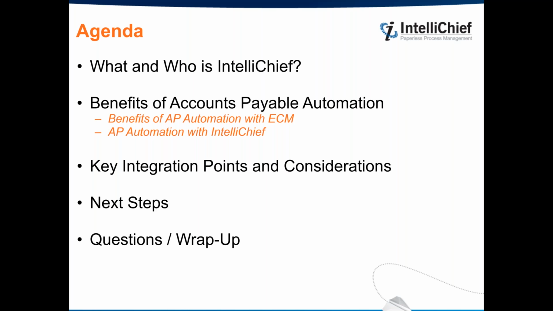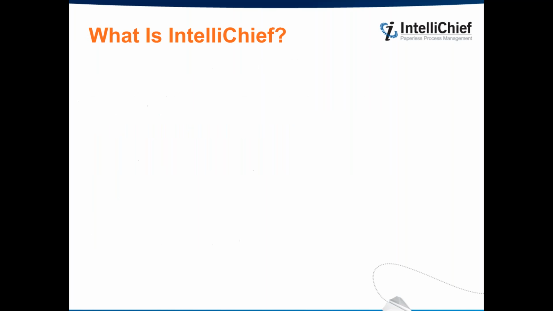We'll show you our approach to doing AP automation, some of the key integration points and considerations with respect to EBS that are critical. Some apply to everybody, but these are integration components, like which tables we have to hit and so forth in EBS, and then any next step questions.